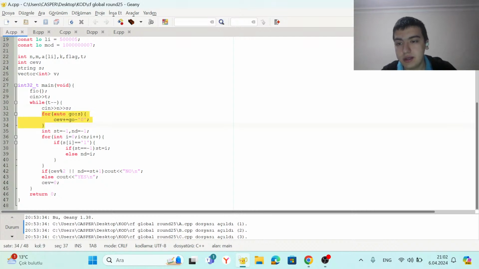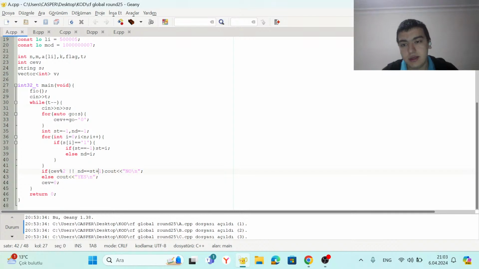Here I'm counting the number of ones, and I'm finding the indexes of the two ones. If there is an odd number of ones, or if there are two ones and one of them is exactly one index before the other one, we should output no. Otherwise, we should output yes.